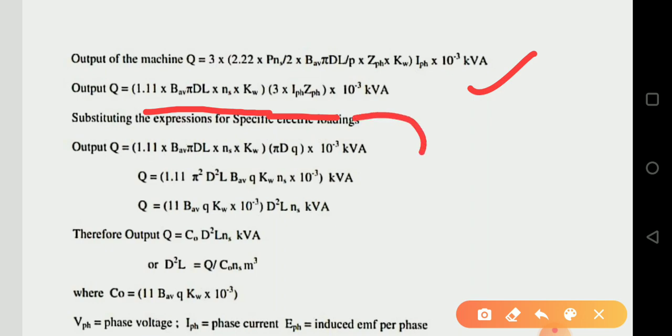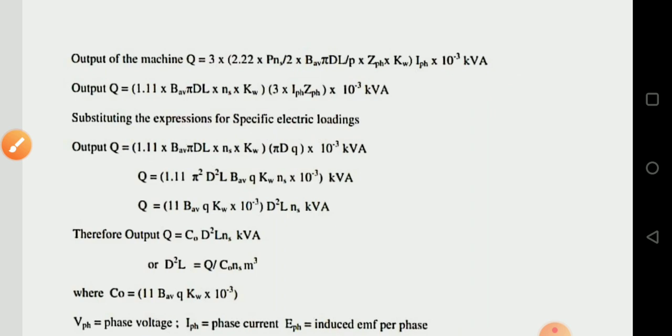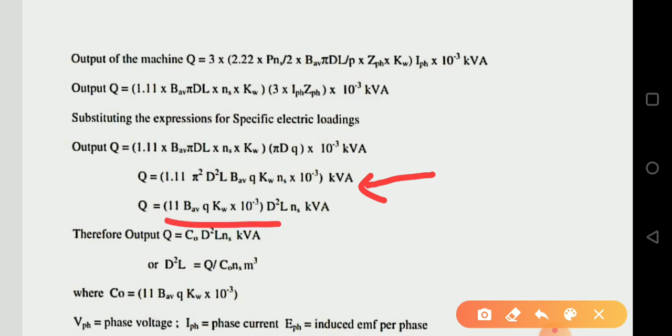When we put the value of the specific electrical loading and flux, we get Q equals 1.11 pi square D square L BAV q kW into Ns into 10 to the power minus 3 kVA. All the terms are constant, so we denote them by C naught.